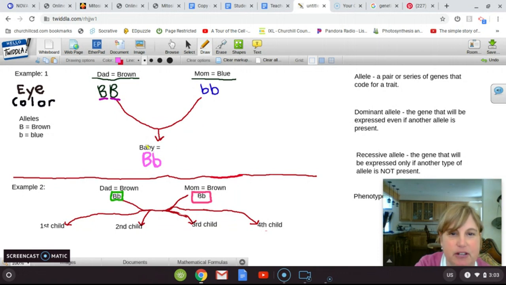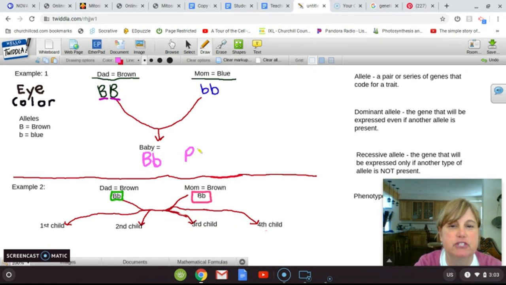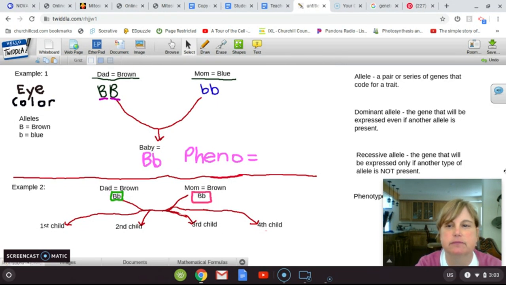It is brown. Brown is the dominant gene. So this baby, even though he has both types of alleles, is going to look, or his phenotype is going to be brown. This baby is going to have brown eyes.